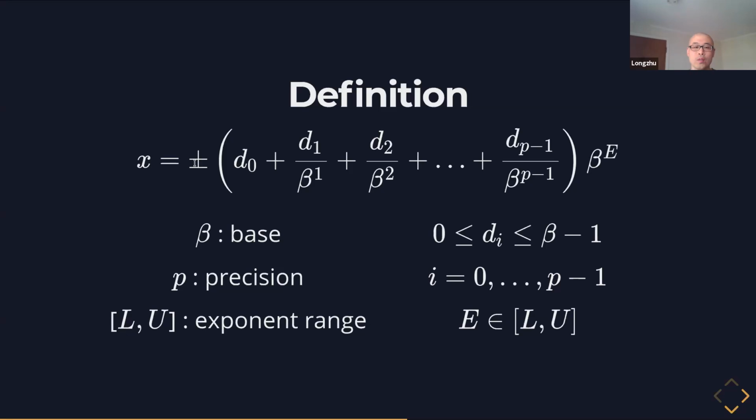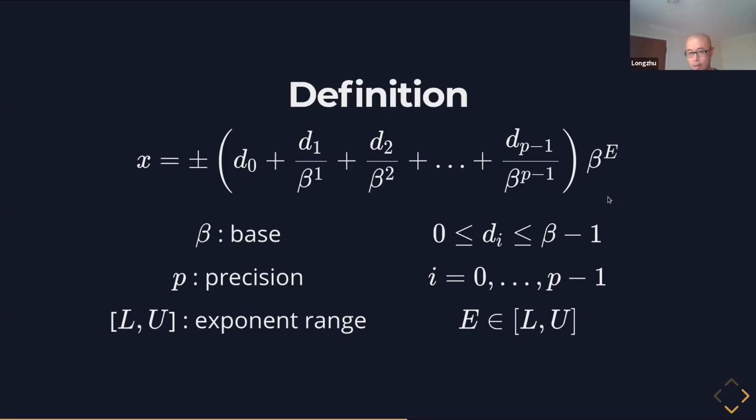Another is the base: if binary, the base is 2; if decimal, the base is 10; if it's another base, whatever number comes here becomes the base we count in. Precision is this P. It tells you how many digits you can have after the dot. And L and U represent the lower and upper bounds for the exponent. So the overall system can be used to represent numbers.